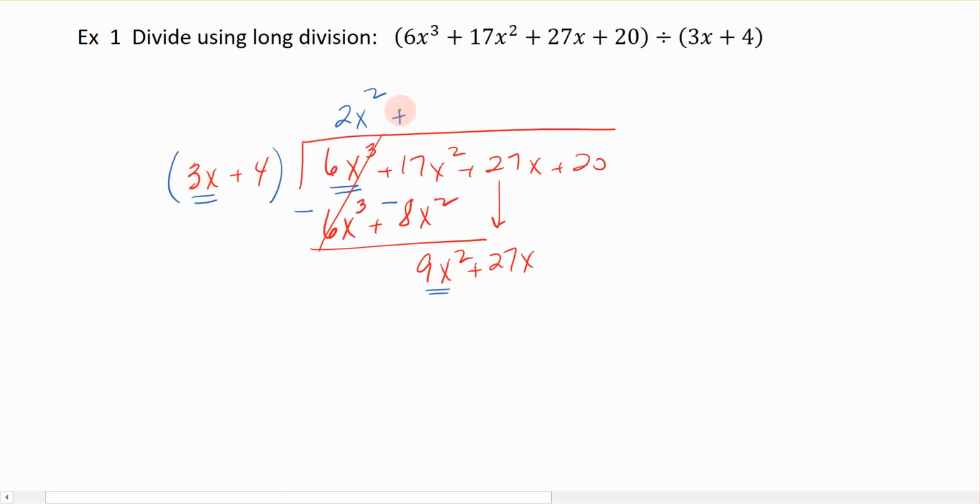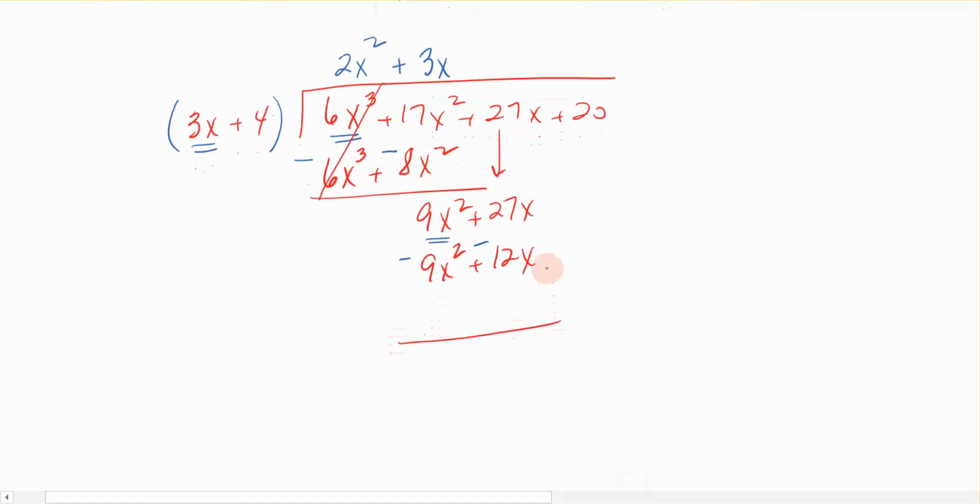That should be 3x. So 3x times 3x is 9x squared, and 3x times 4 is 12x. But don't forget to change your signs. Oops. Now my 9x squared cancels out, and I have 27x minus 12x, which gives me 15x, and we bring down plus 20.